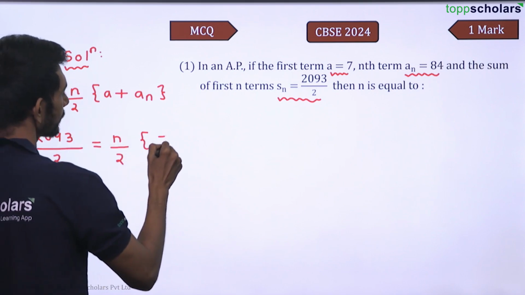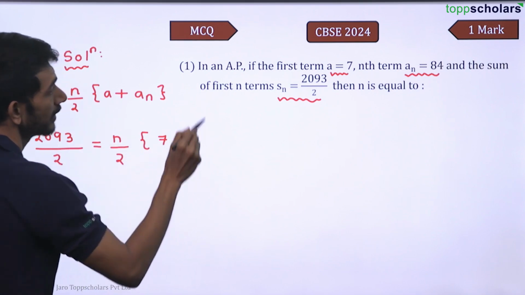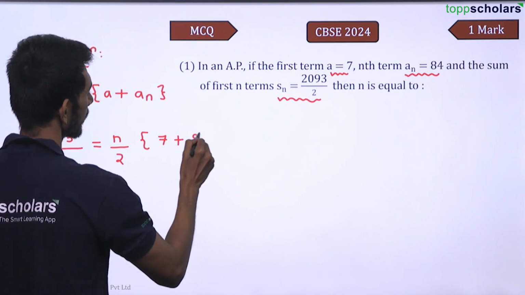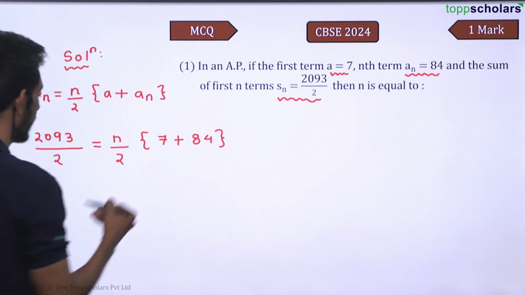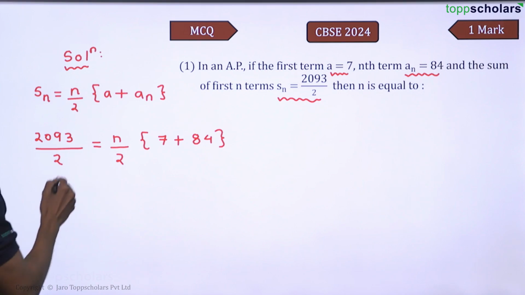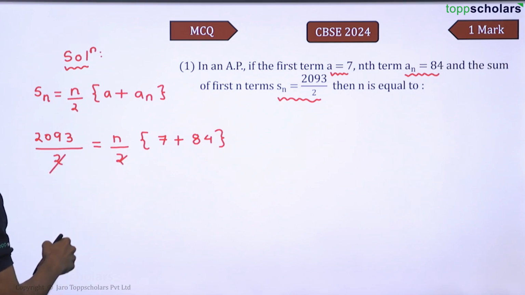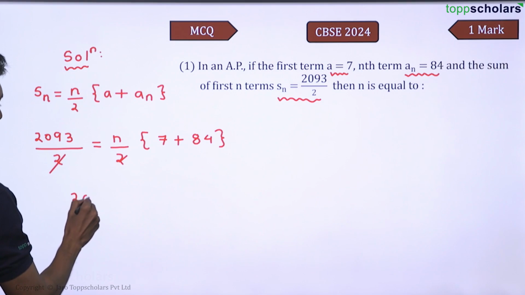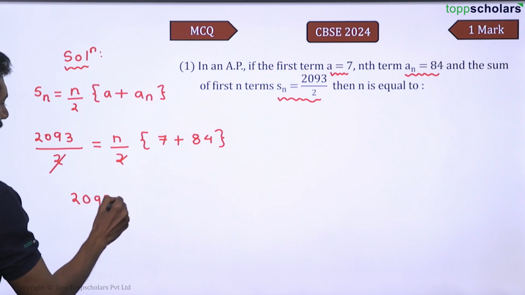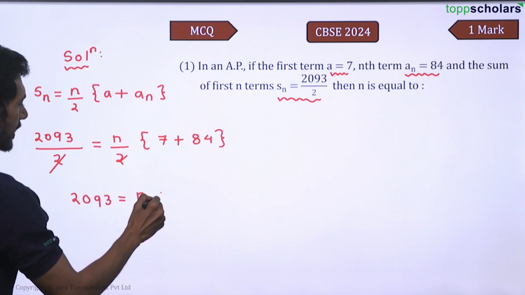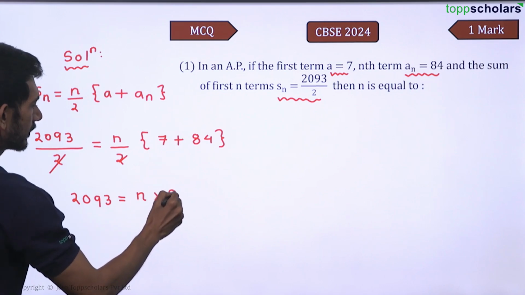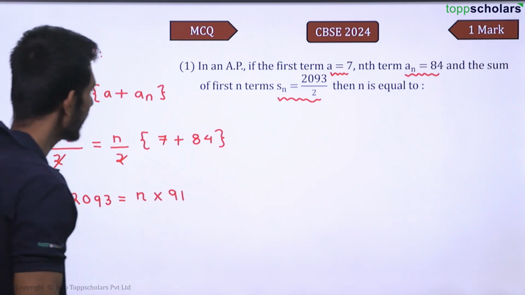A is 7 and an is 84, right? So the 2, can we cancel that? Yes, we can cancel. Then we get 2093 is equal to n multiplied by 91. So 91 can be divided, right?